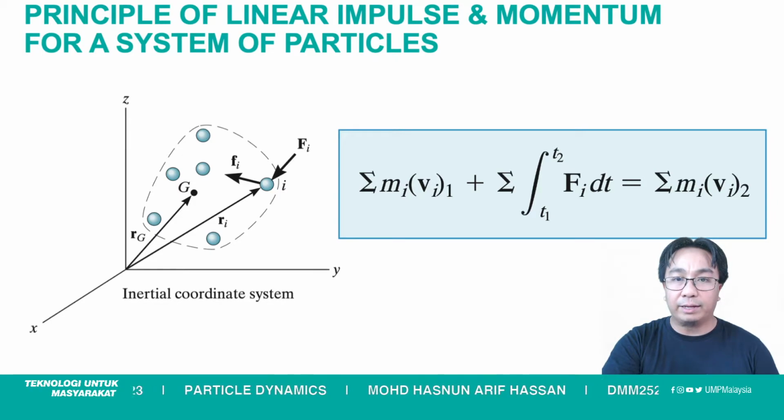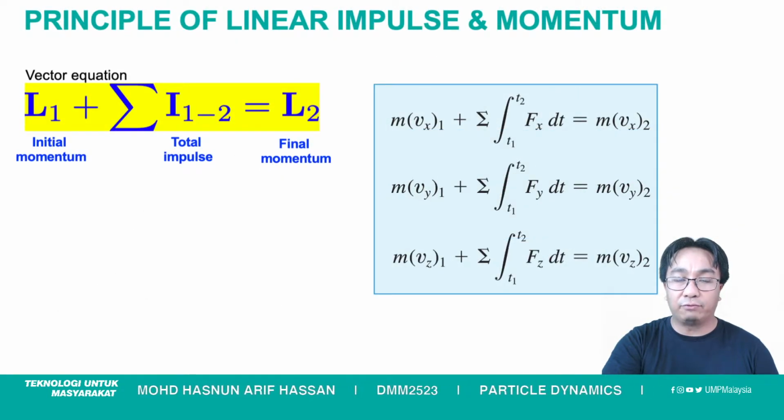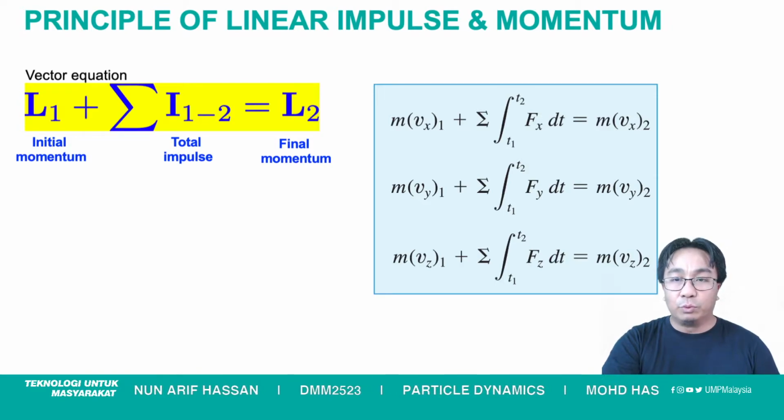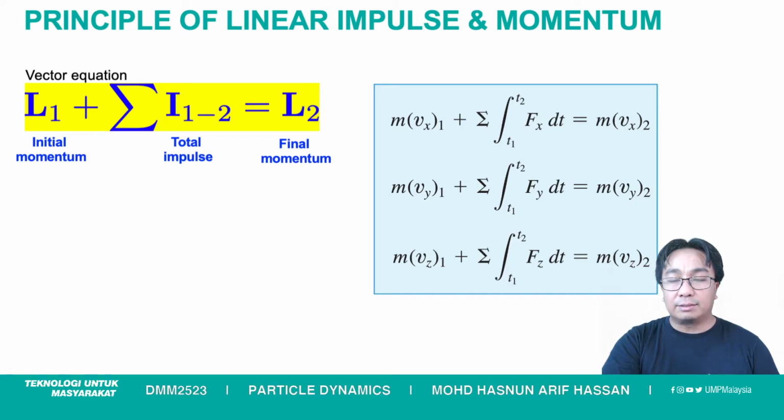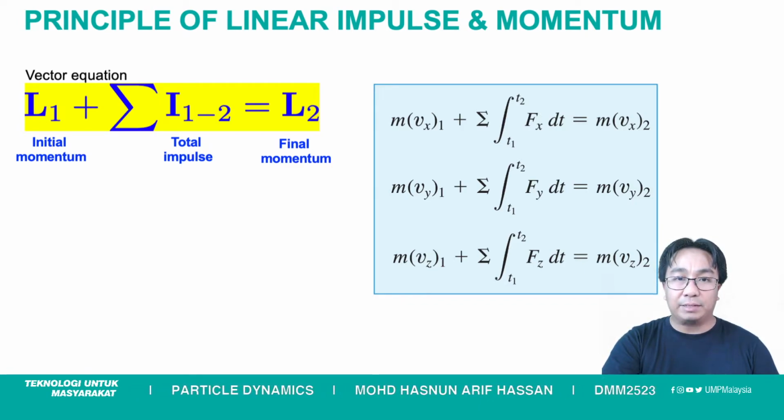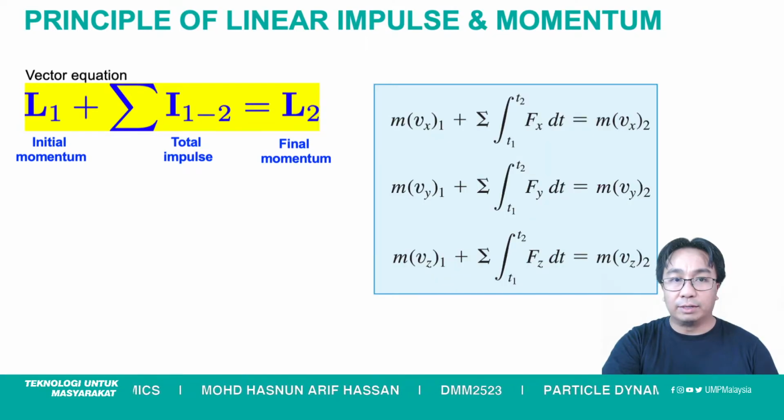So if I go back to the principle of impulse and momentum, what we have covered is that we can write this in three separate equations based on the axis of the motion.